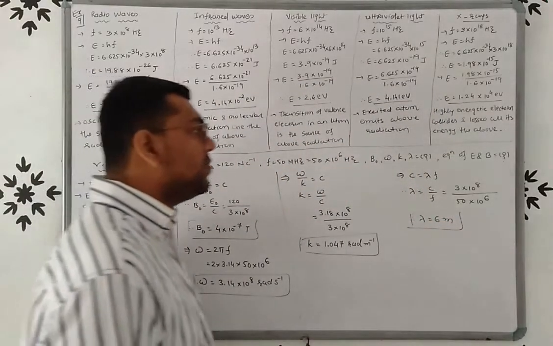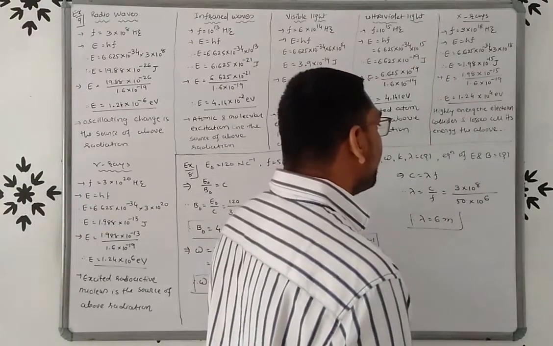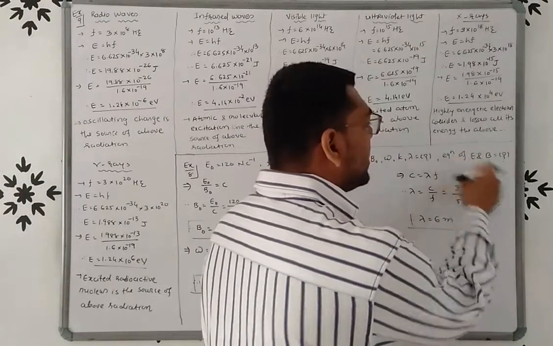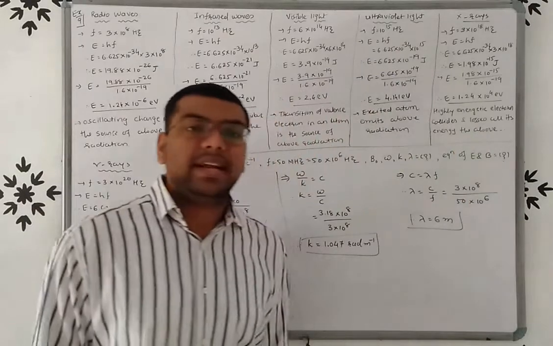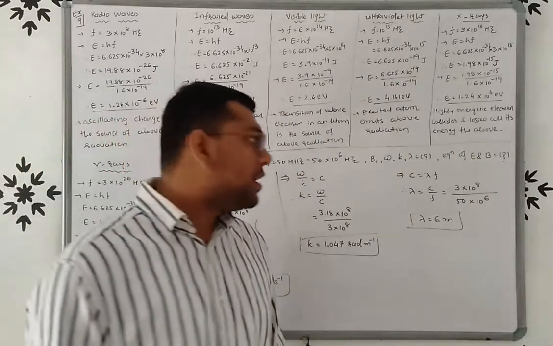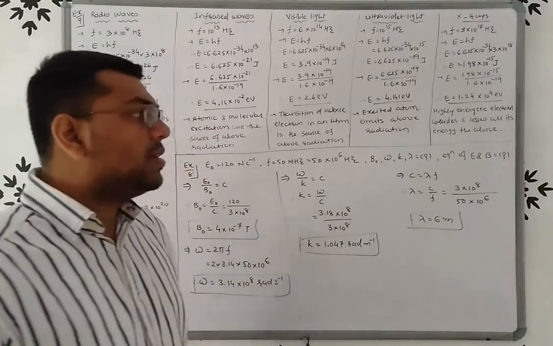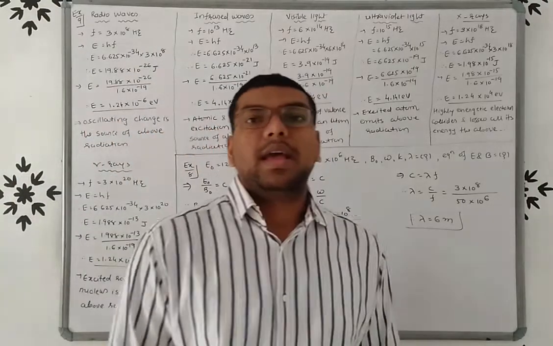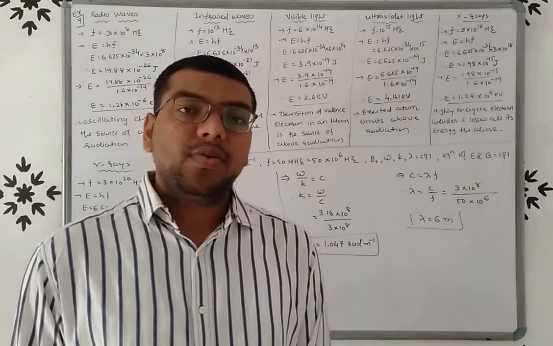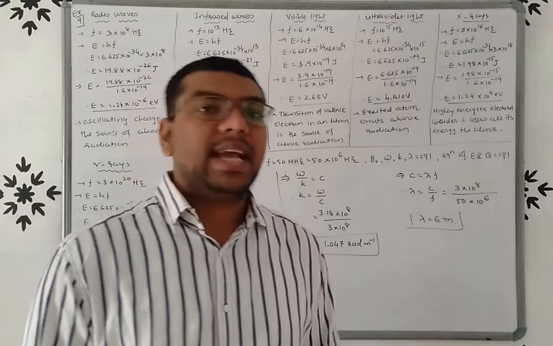Now friends, here we have to obtain the expression, or you can say the equation, of the electric and magnetic field. Suppose this electromagnetic wave propagates in the x direction.